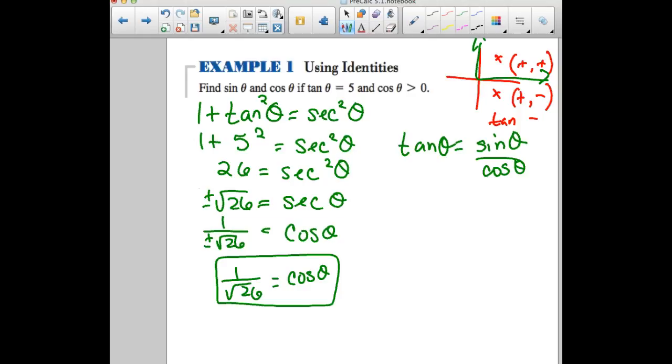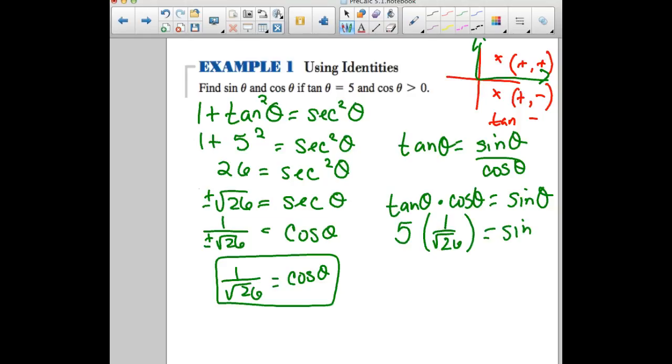So if we solve this for sine, we have the tangent times the cosine, giving us our sine. And tangent was 5. Cosine was 1 over the square root of 26. So our sine value would be 5 over the square root of 26.